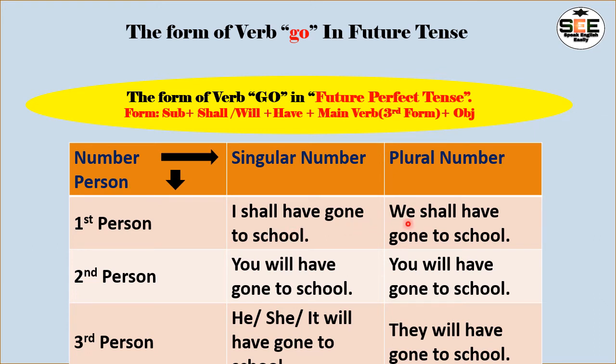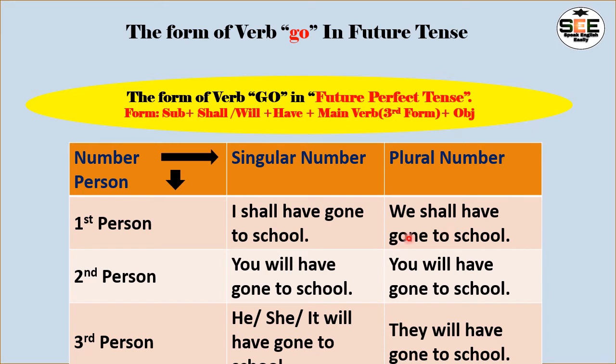And as well we can see here plural number, first person, we shall have gone to school. Here we is the subject, shall is the future tense indicator, and have is the helping verb, which the future perfect tense usually uses to indicate completion.